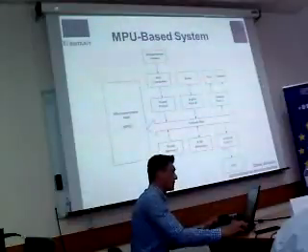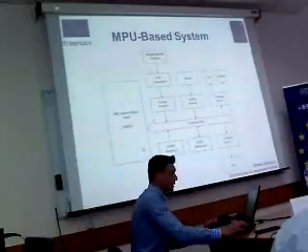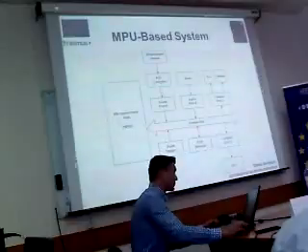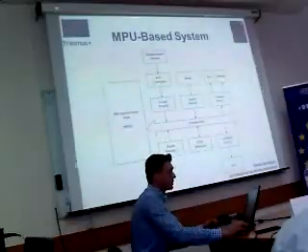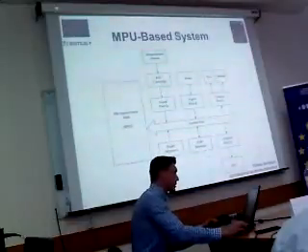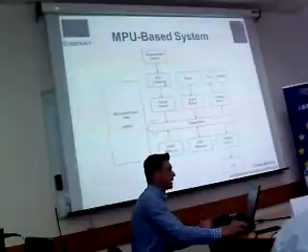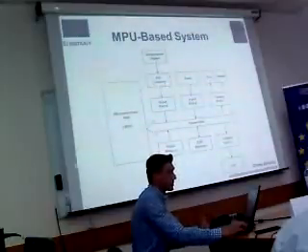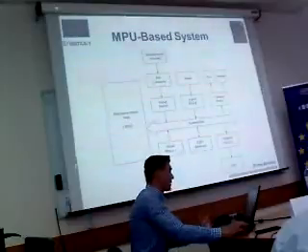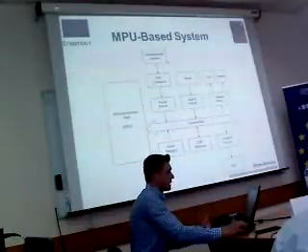On the other side, we've got memory and some outputs. But what can we connect to those inputs? For example, we can connect an analog-to-digital converter. Then we can connect some sensor. For example, in this example, it's a temperature sensor.